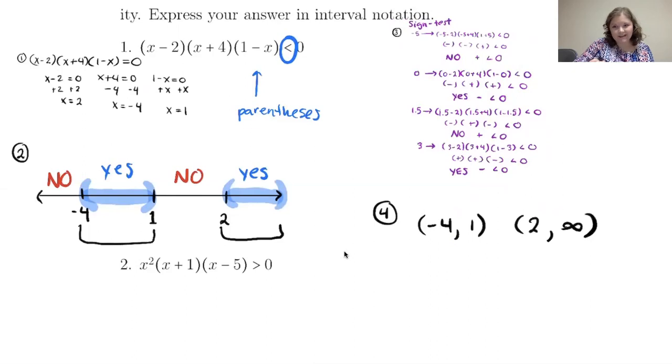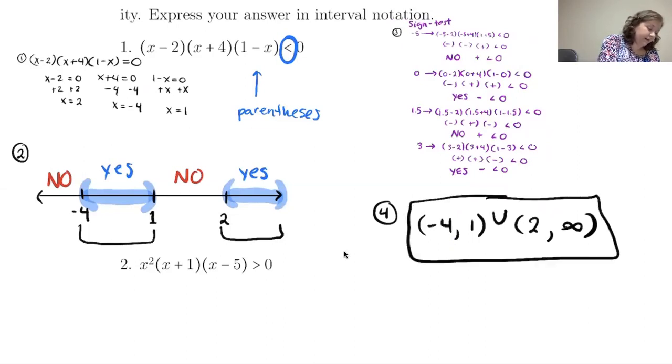And infinity always gets a parentheses no matter what, so you never include infinity because it's not a real number. And then once you put those two intervals together, you have to have a union sign in between them. And so in the end, this ends up being our final answer. -4 to 1 with parentheses, union 2 to infinity, both with parentheses.